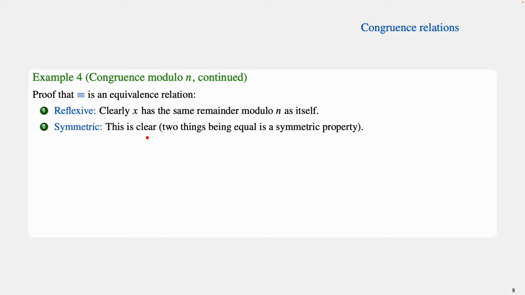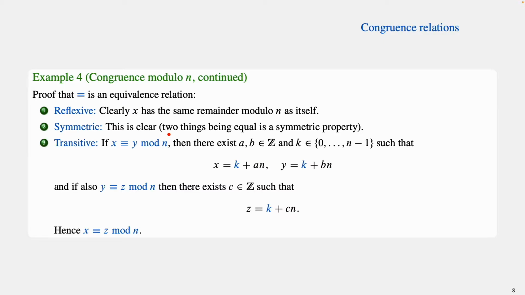This is also clear because two things being equal is a symmetric property. So if two numbers x and y have identical remainders modulo n, then that is symmetric. It's also transitive, and we will look at this in a bit more detail.